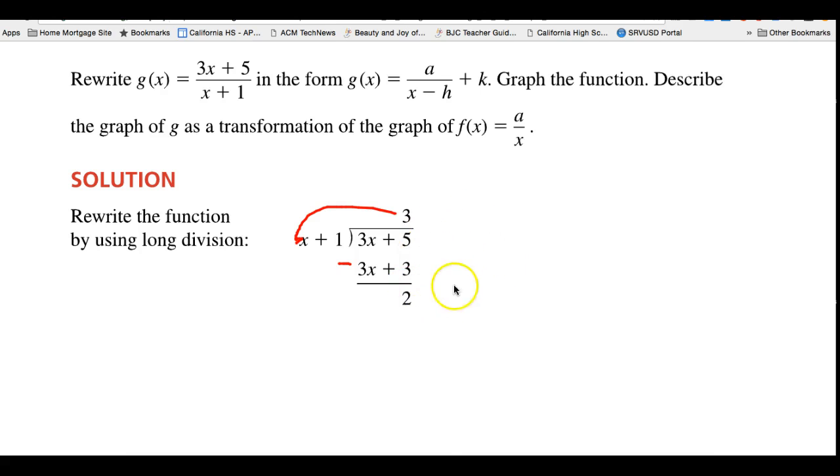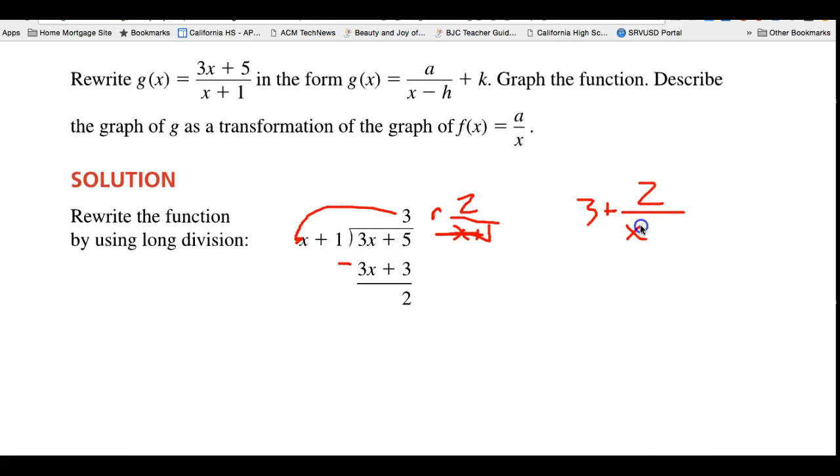Now, there are no other values to bring down. So this is 3 with a remainder of 2 over x plus 1. What we've done is just turn this into a mixed number, so this is 3 plus 2 over x plus 1.